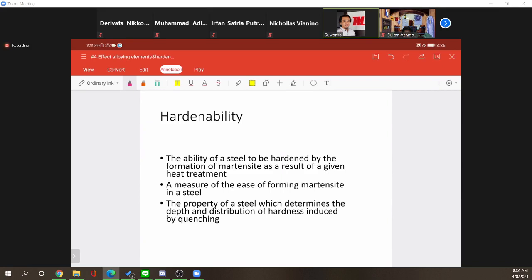If there is no question, we will jump, just very short, into further discussion on this effect of alloying element.